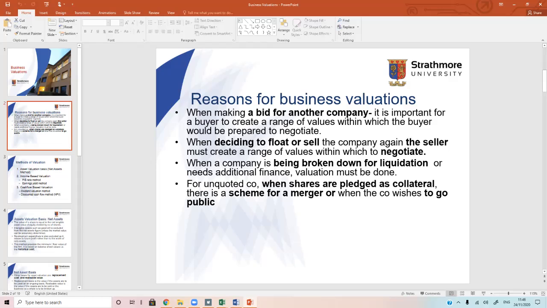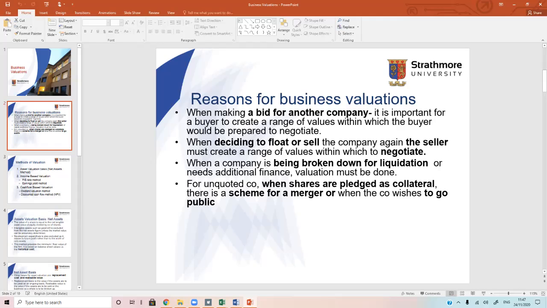You as NIC, what do you bring on board? You have to do valuation to show that you, as the original shareholder of NIC, are not going to go into a deal where you're the one losing. The same applies to the shareholder of CBA. You want to go to a merger where you're going to have your rate of ownership in the new company that you're forming after the merger.